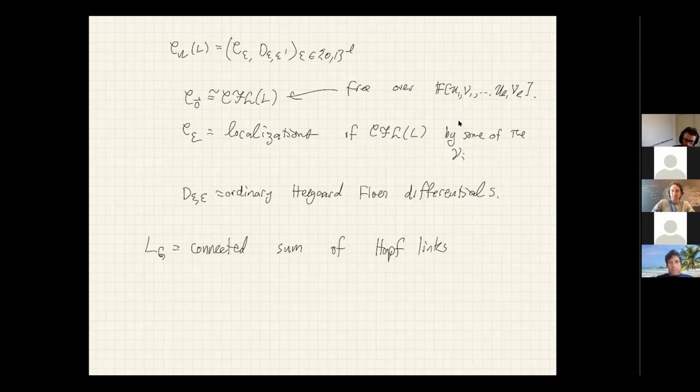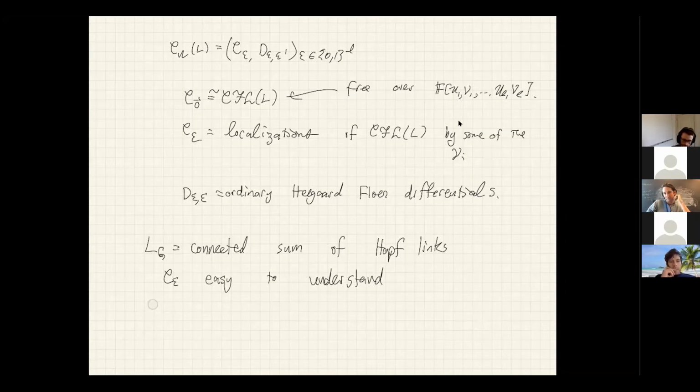And basically the groups C epsilon are easy to understand using the normal connected sum formula. The groups and the internal differentials are just easy to write down. There's nothing necessary to understand. But what's hard to understand are the hypercube maps.